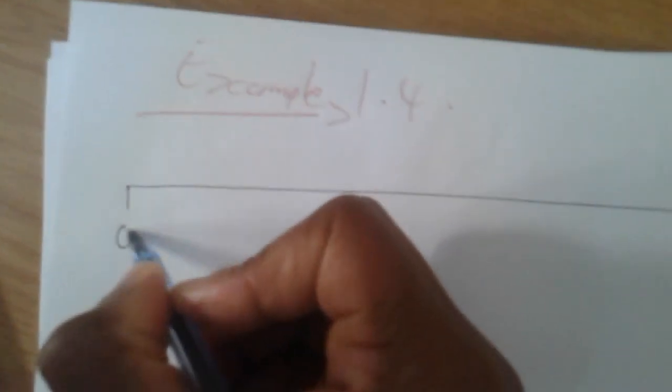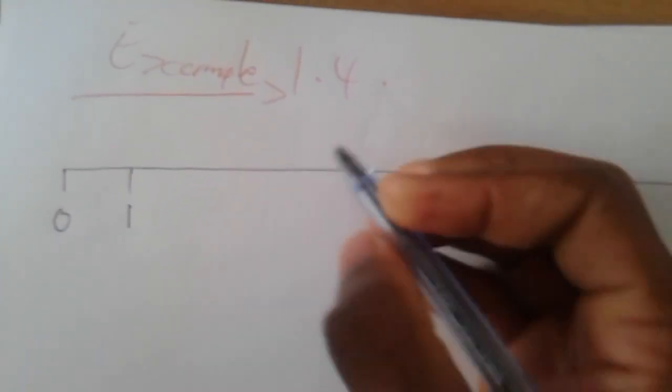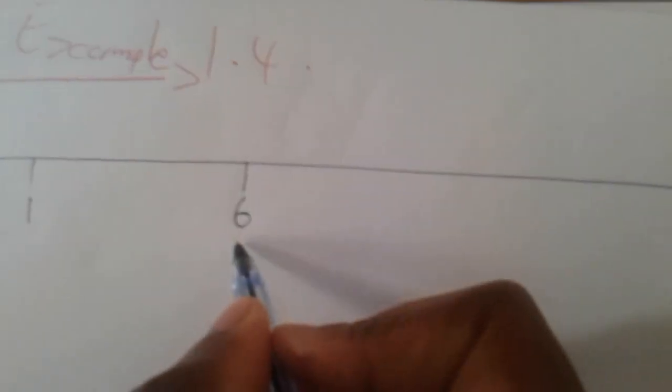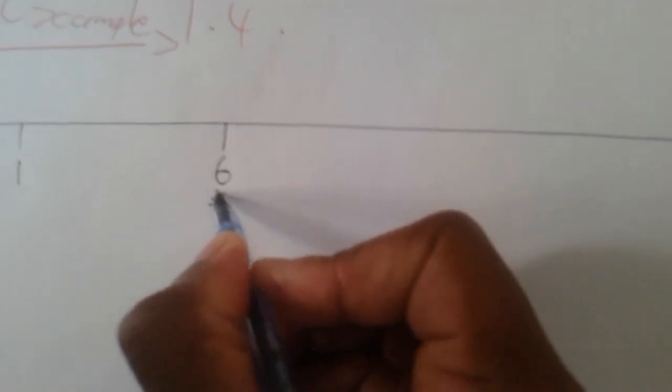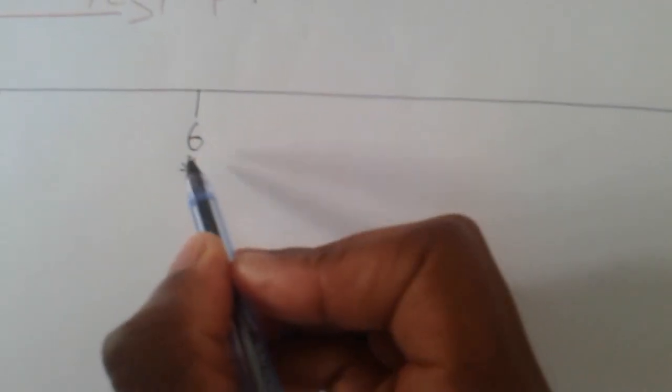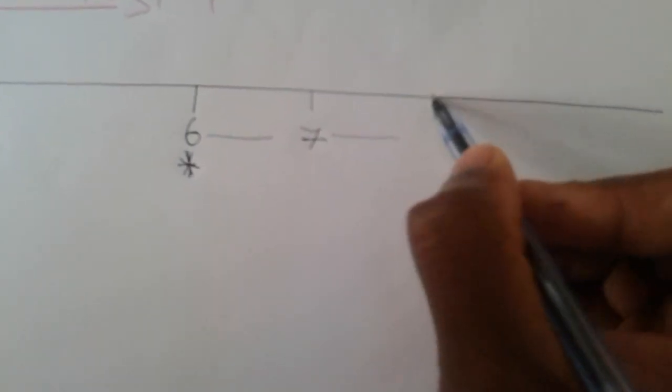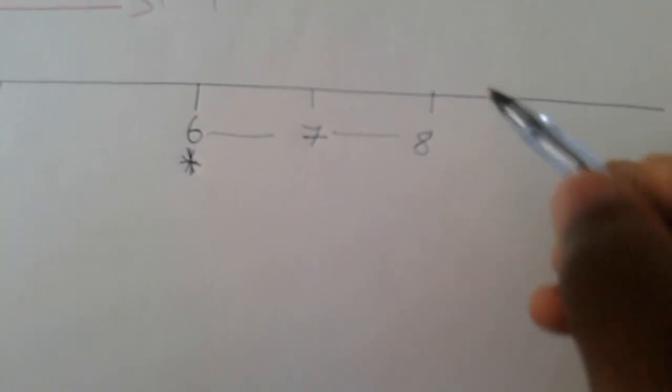Now, what this means is this. If you have to draw your timeline, so 0, 1, you can skip all the way to 6. It is at this point that the daughter will now get into varsity. So this becomes the first year up to end of year 7. This becomes the second year up to end of year 8.